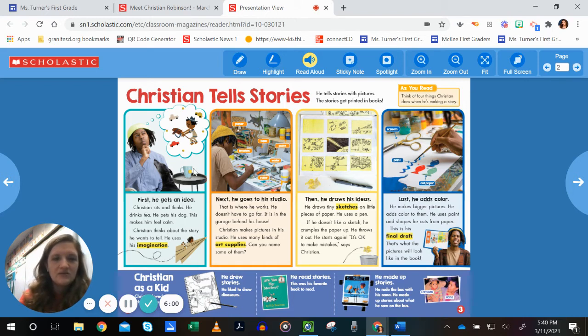We're in the teal section, turquoise section. Ready? First, he gets an idea. Christian sits and thinks. He drinks tea. He pets his dog. This makes him feel calm. Christian thinks about the story he wants to tell. He uses his imagination.